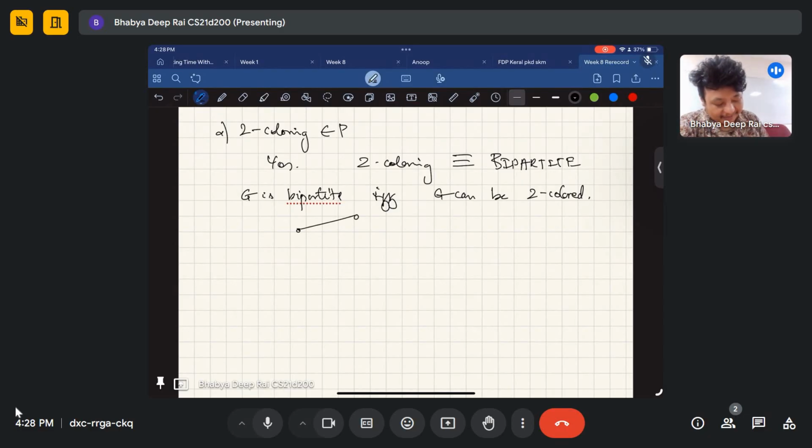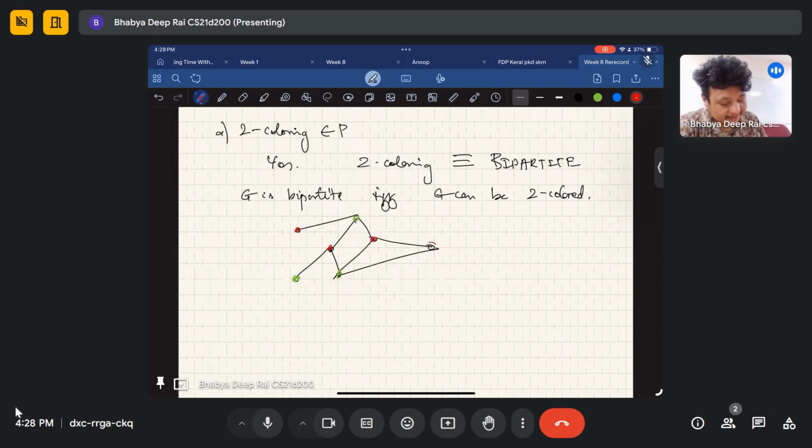Checking whether a graph is bipartite is very straightforward. The idea is you pick a vertex, color it green, color the ones adjacent to it red, then the ones adjacent to the red one green, and so on. Here this green and this green are adjacent to this red, so I'm coloring it red, and this red is adjacent to this green, so I'm coloring it red, right?